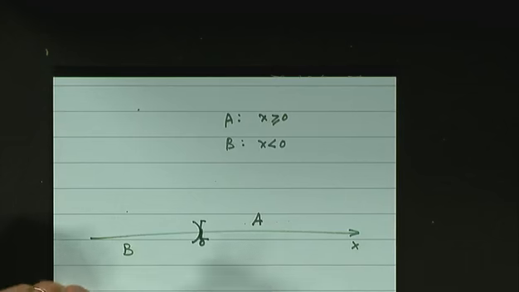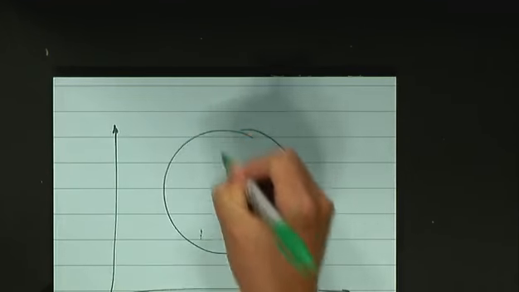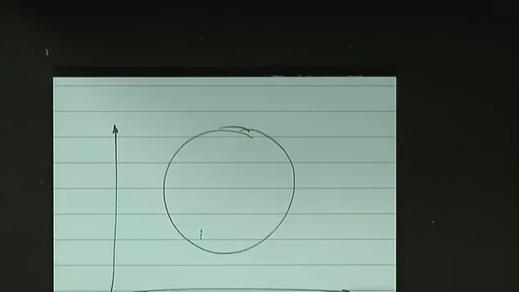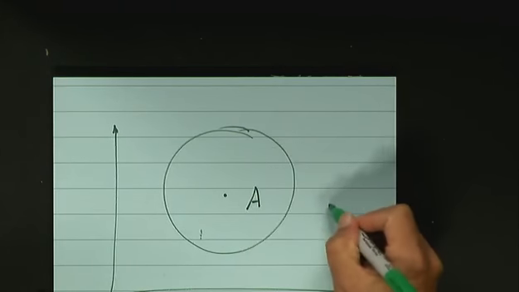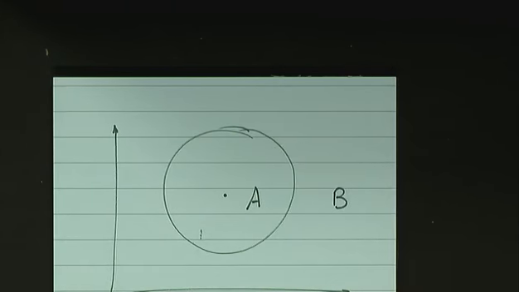For example, when you go to two dimensions, say you have a circle here. When you have a circle, you have anything inside the circle and anything outside the circle, and there's something you can represent.